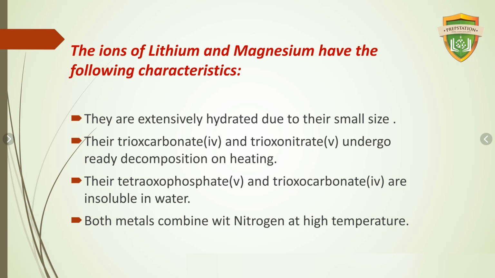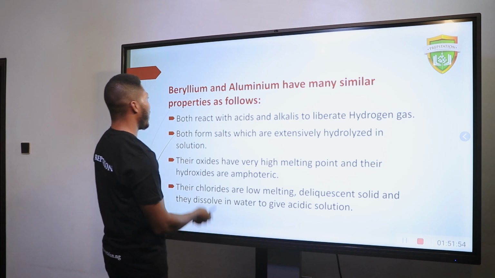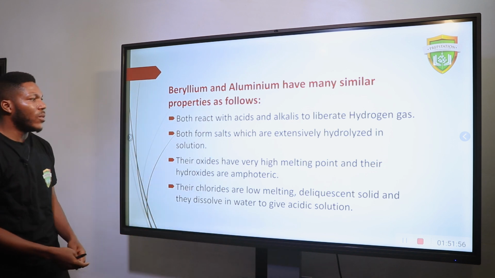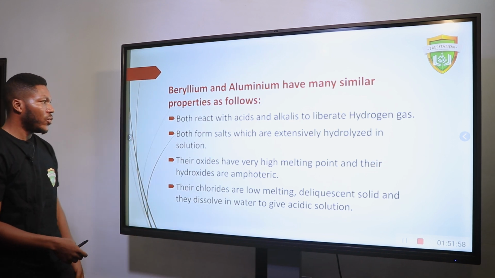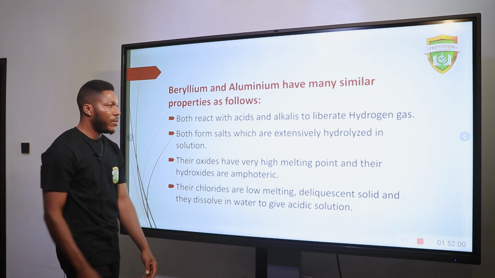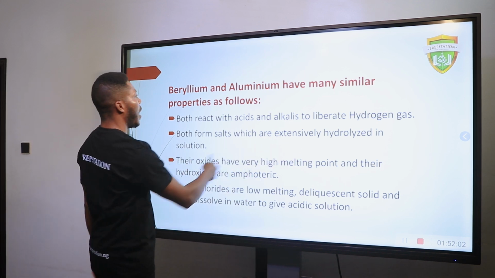Second, their trioxocarbonate(IV) and trioxonitrate(V) undergo ready decomposition on heating. Their tetraoxophosphate(V) and trioxocarbonate(IV) are insoluble in water. Both metals combine with nitrogen at high temperature, and there are many other similarities. It is the same for beryllium and aluminum. Just go through the write-up, it is very self-explanatory and you'll see more.